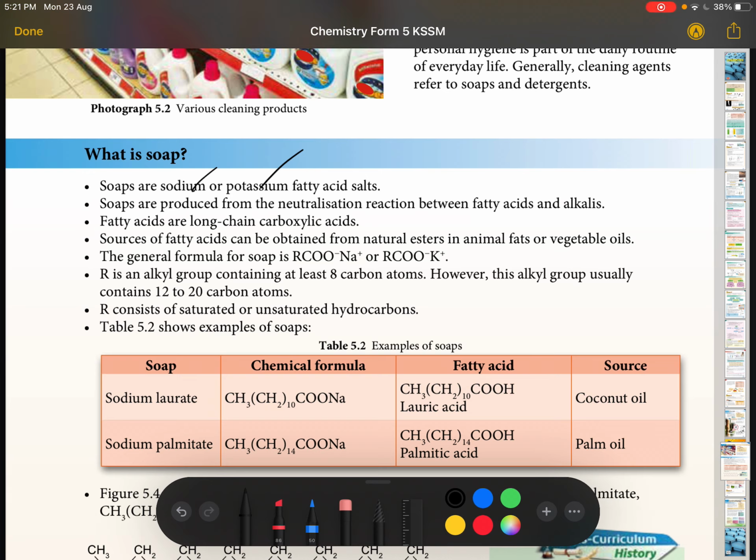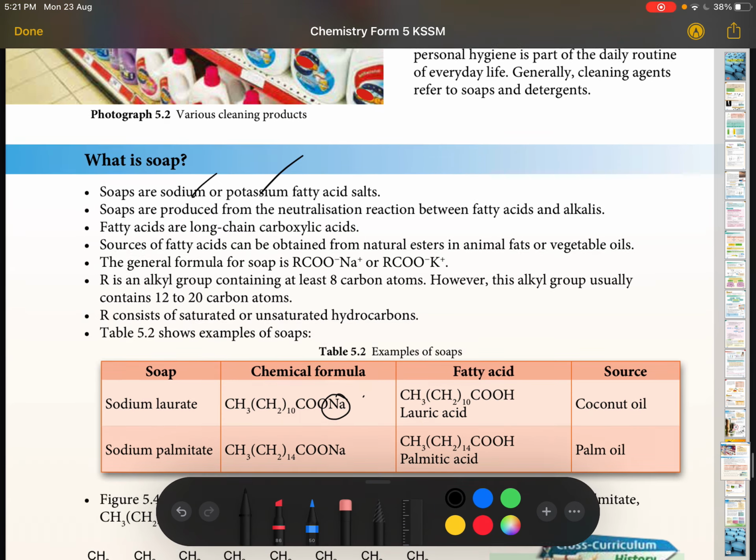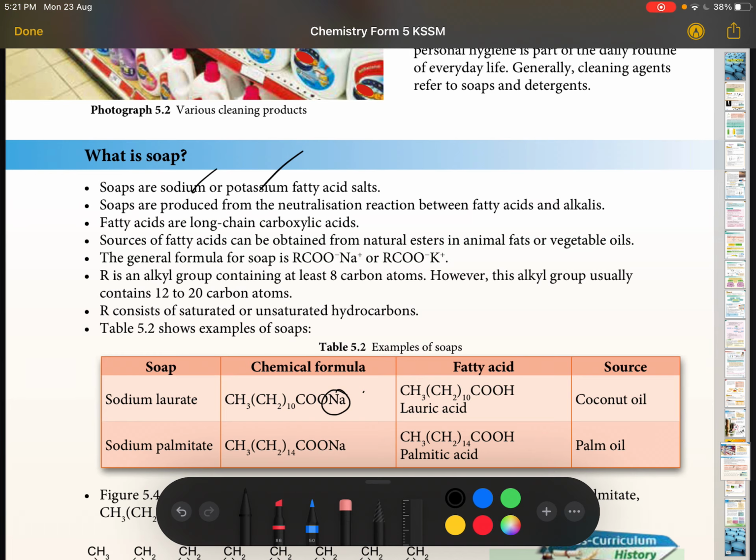Remember this, they are sodium or potassium. That's because these are +1, and fatty acid anions are -1, so it is more efficient, more stable, I guess. Just take note of that.